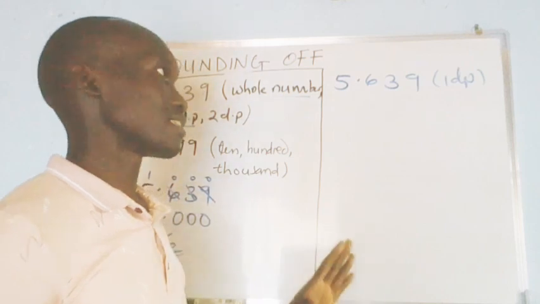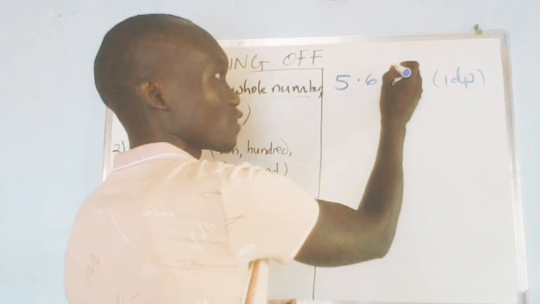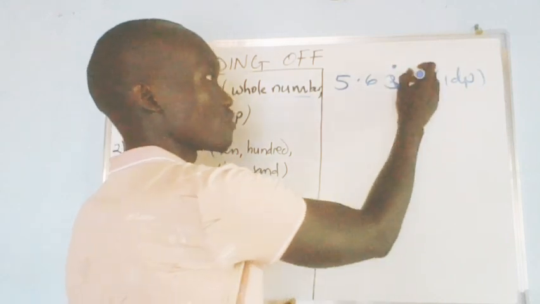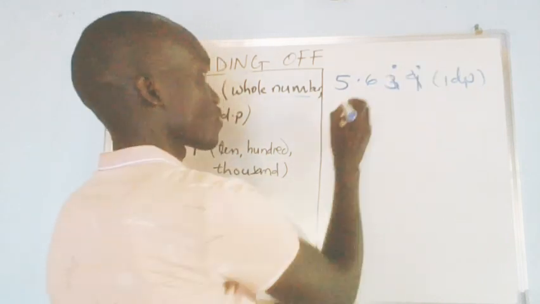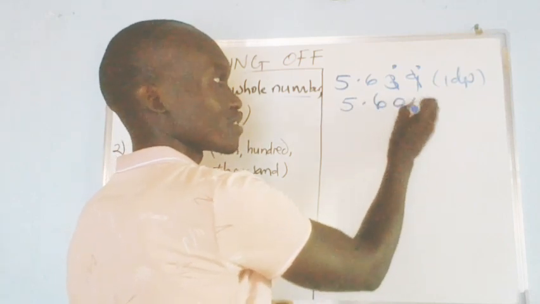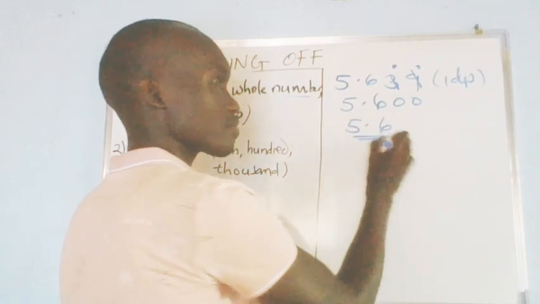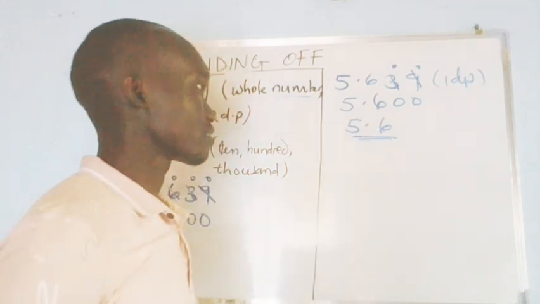So we don't add anything. We leave the number just the way it is. This one becomes 0, this one becomes 0, so that we shall have 5.600. That is the same as 5.6. That is to 1 decimal place.